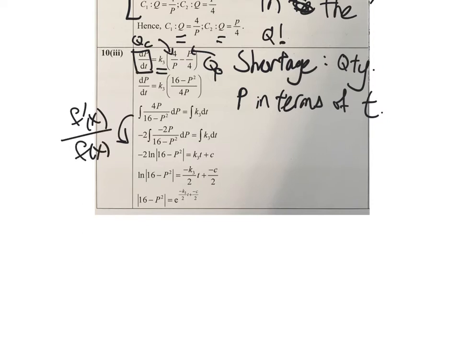Okay, some of you spend time doing partial fractions. From this 4p over 16 minus p square, you see it as a partial fraction and attempt to express it in partial fractions.